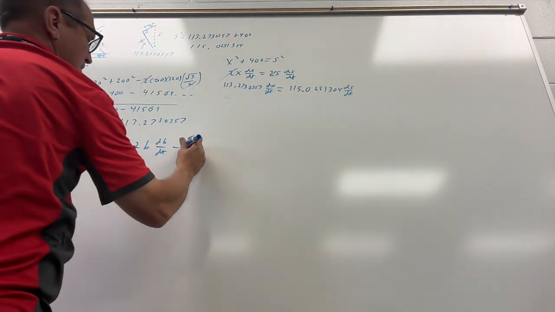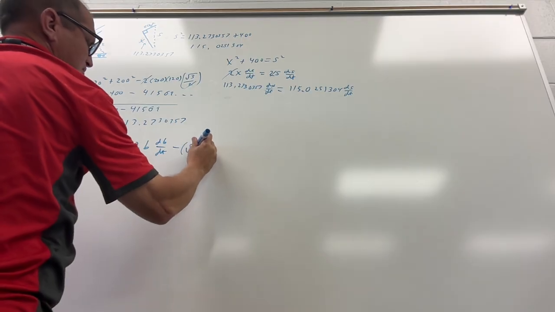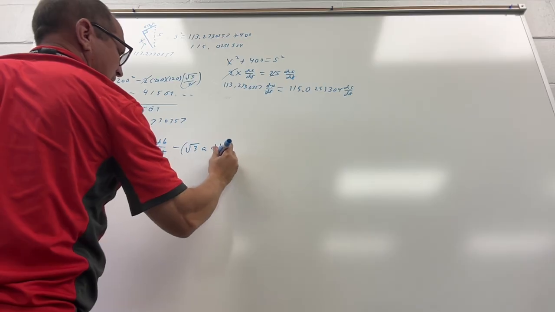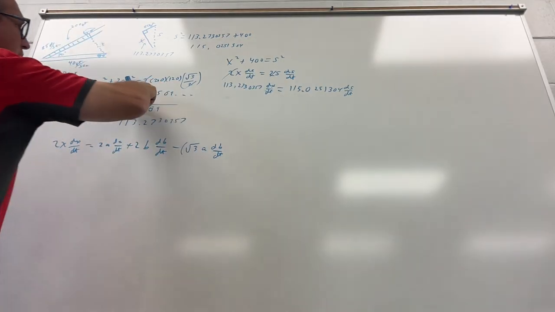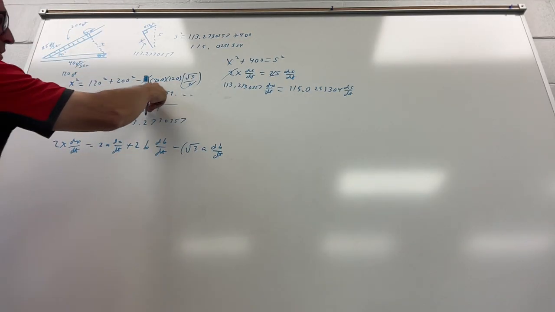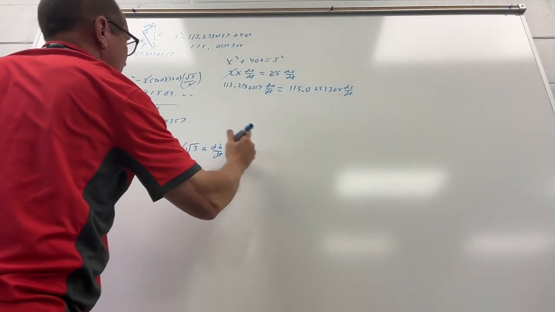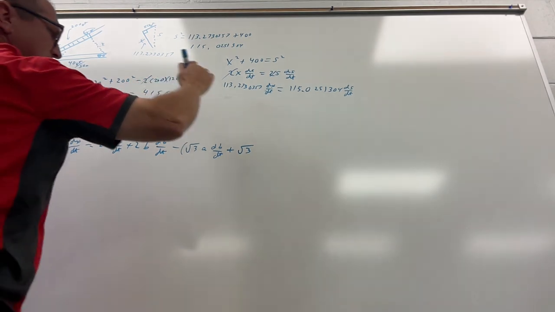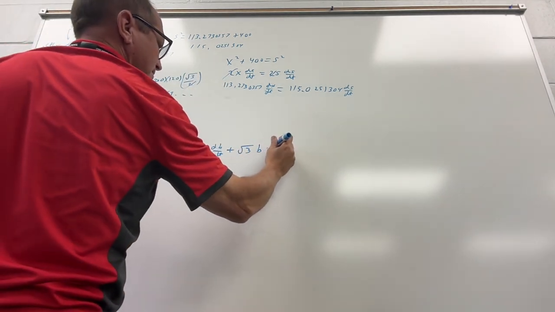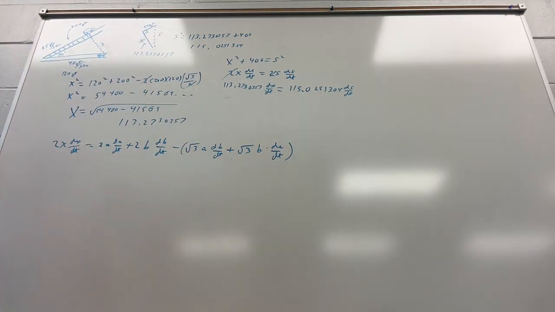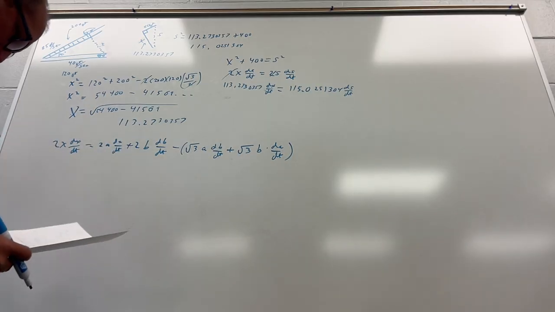In derivative form, it would be the square root of 3 times A times dB/dt, plus the square root of 3 times B times dA/dt. dx/dt is the only thing we don't know here.